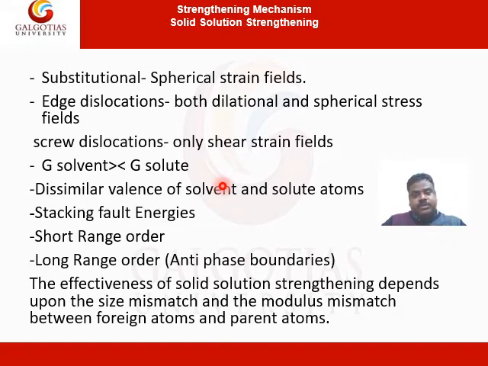Dissimilar valence of solvent and solute atoms also plays a major role. The differences between the valences of solvent and solute atoms have a role to play in solid solution strengthening. Apart from this, stacking fault energies, short range order, and anti-phase boundaries, for example in long range order, have a role to play.